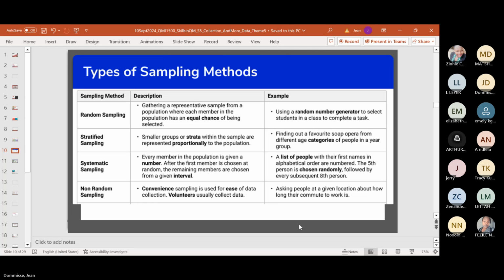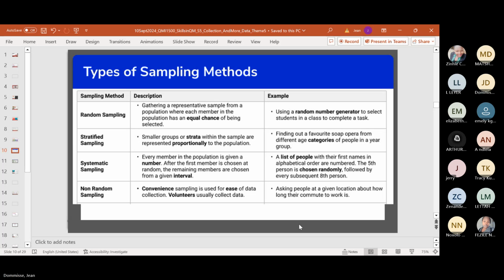The sampling method that's used the most is random sampling. You just say anybody has the same probability of being selected, and that is your sample.